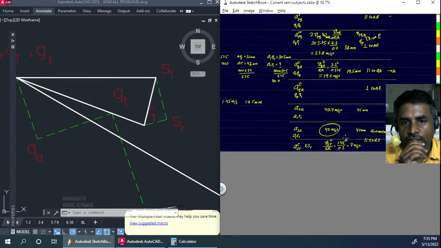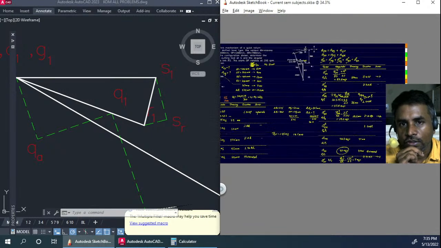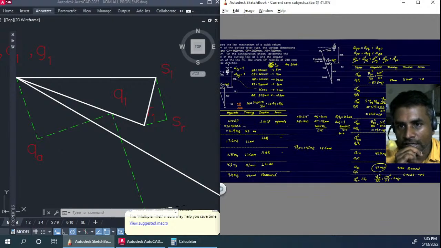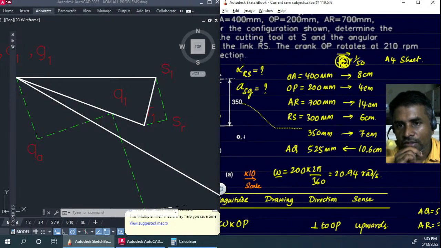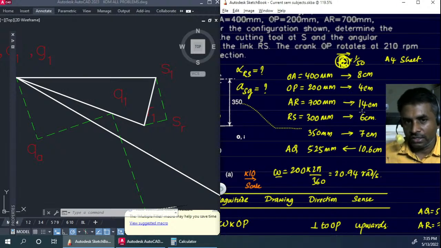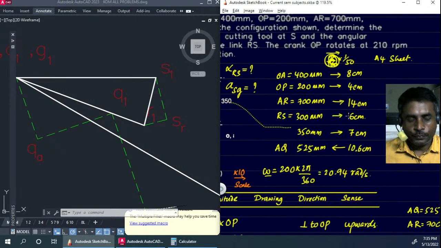Now there is one more thing that the question wants us to find. And that is the angular acceleration of link RS. Now we know the formula for the angular acceleration of RS.